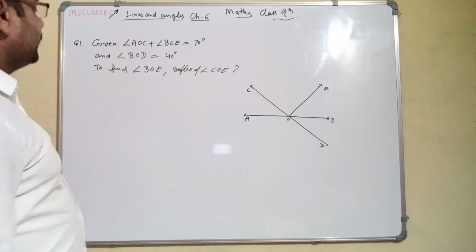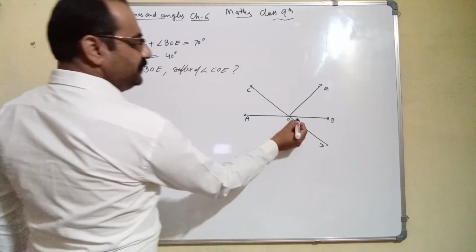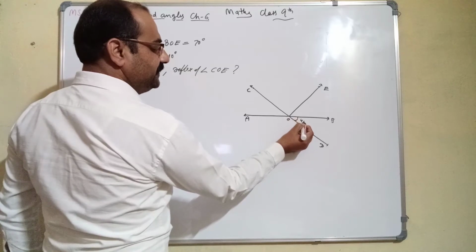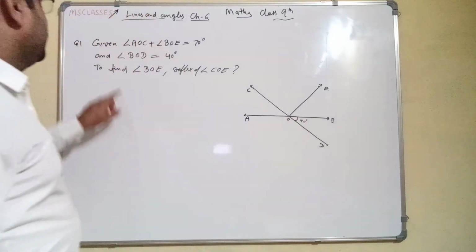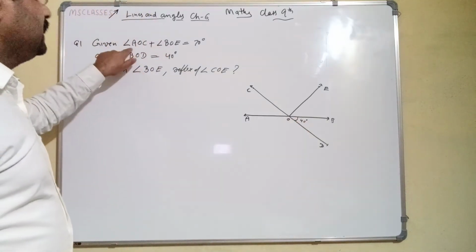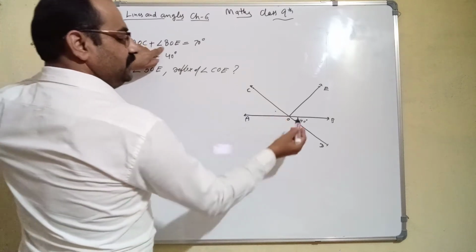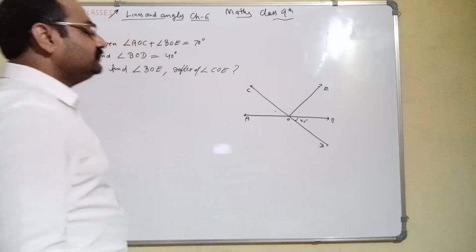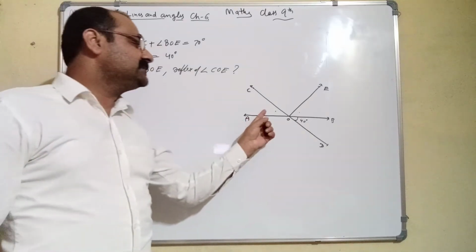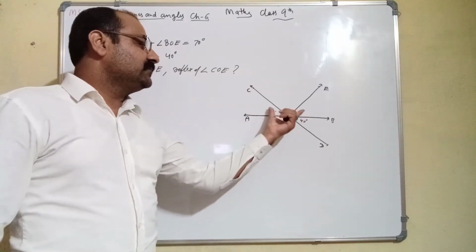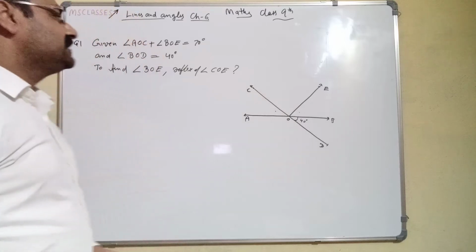So first of all guys, here we have BOD, this is 40 degree, right? And second thing, this is AOC, this is BOE. We have given these two angles and sum of these two angles is equal to 70 degree.